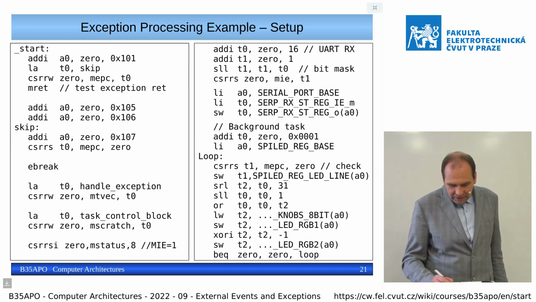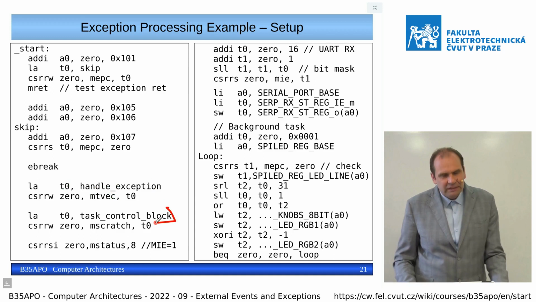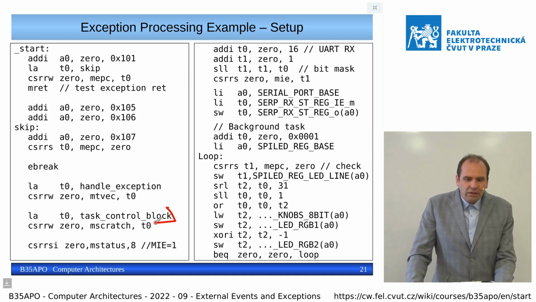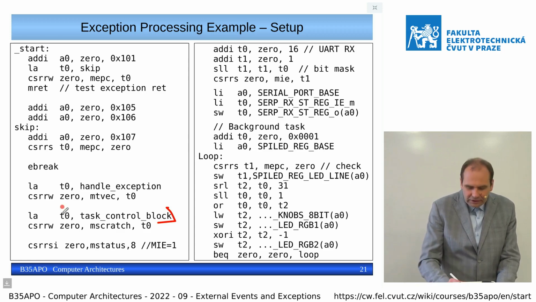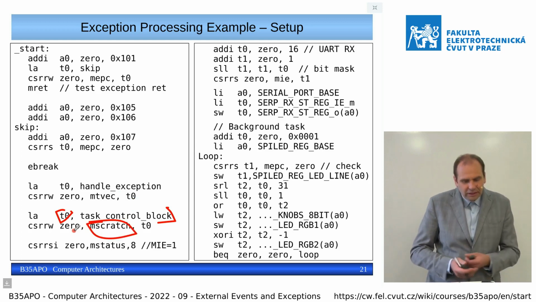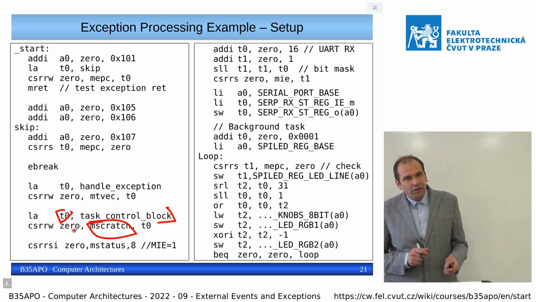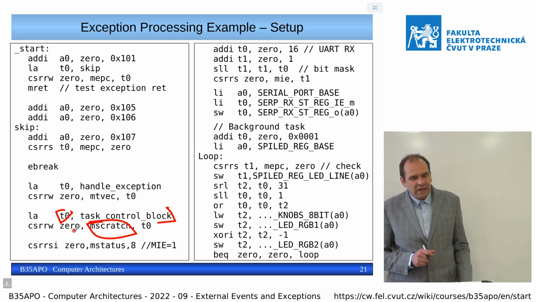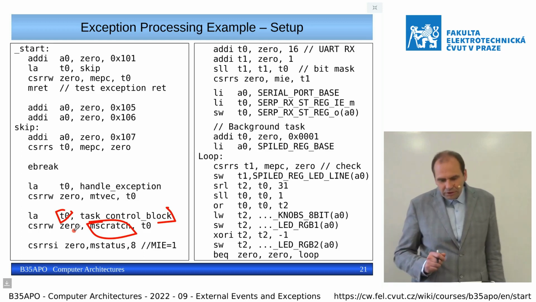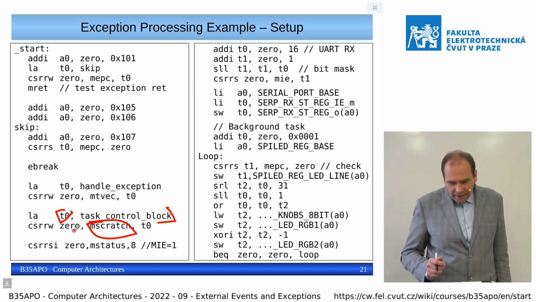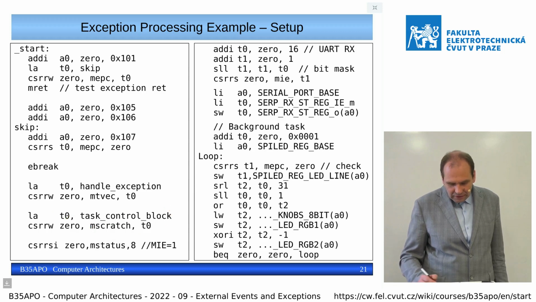Then we need some space to store the state of the registers during the interrupt processing. I have used in this case the mscratch register, that additional register, which will store at the start of the interrupt the address where to store the rest of the data. We will see how it is done later.